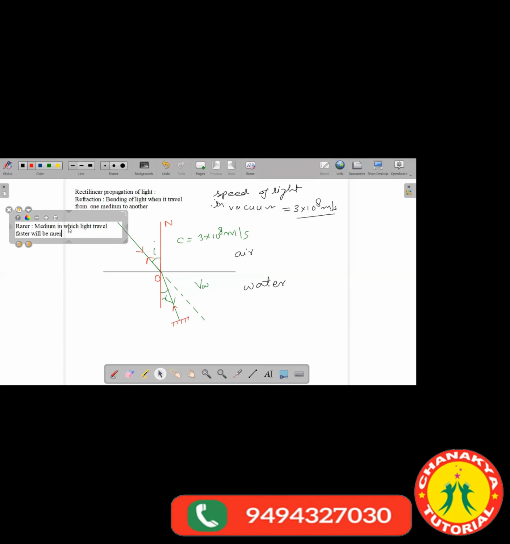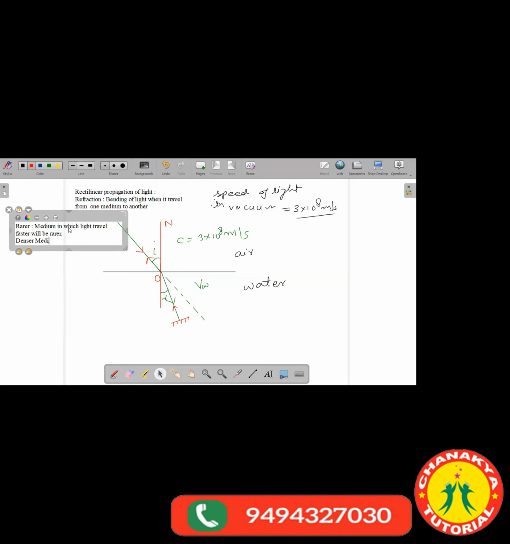Rarer means the particles are quite away from each other. Okay. So we generally don't say that, because we have a term called optical density and mass density. Here we are not mainly talking of the mass density, we are talking of the optical densities. So in terms of optical density, I define a denser medium.